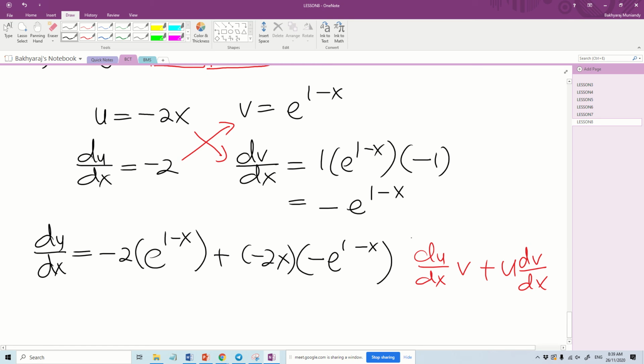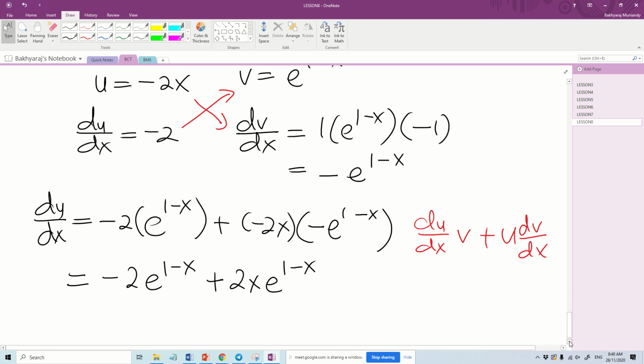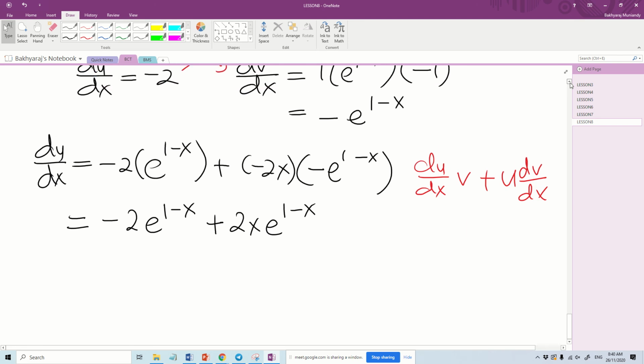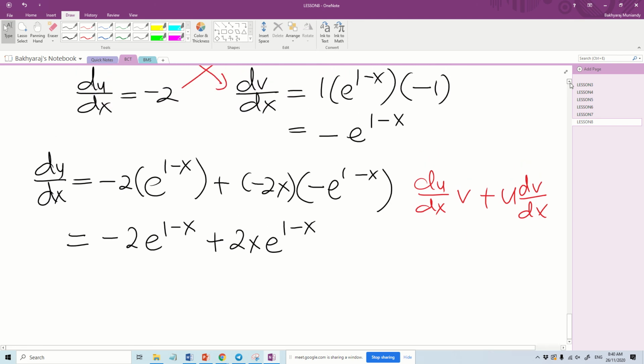If we simplify, we get negative 2 exponent 1 minus x, and then negative times negative is positive, so here it becomes positive 2x exponent 1 minus x. Then you can factor.